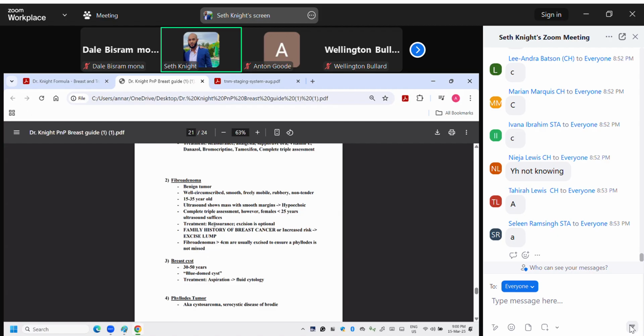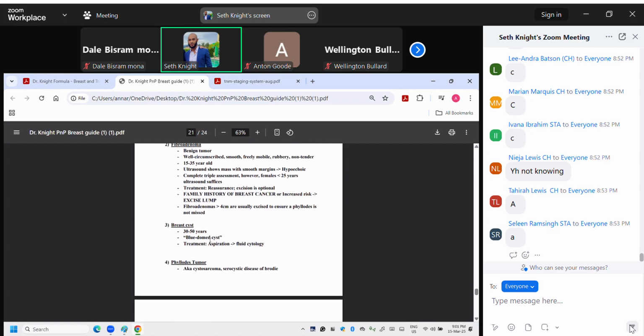And if the lump is very large as well, more than 4 centimeters, we are going to excise the lump and send that for pathological testing to rule out a phyllodes tumor. Okay? So that's fibroadenoma there. Young girl, breast mouse, freely mobile, hypoechoic on ultrasound, strong family history of breast cancer, increased risk of breast cancer, we take it out. Otherwise, it's fine, we reassure her. But if it's very large, we can also take it out.